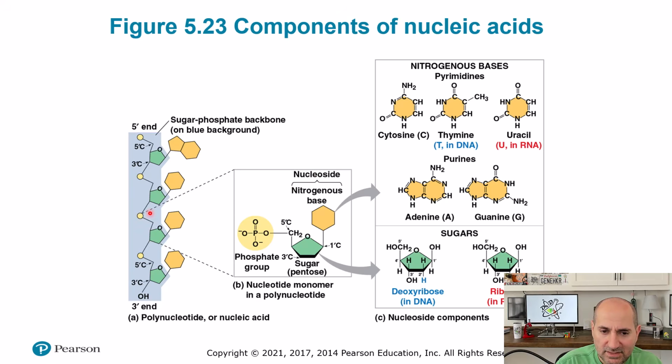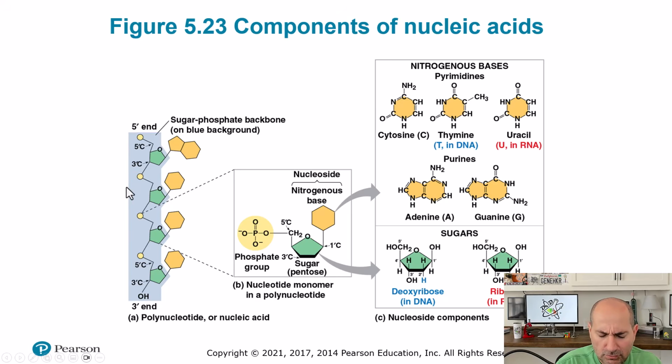And then remember that every time you form a strand of DNA or a strand of RNA, the bonds that form are called phosphodiester bonds. Phosphodiester bonds form when nucleotides are linked together.